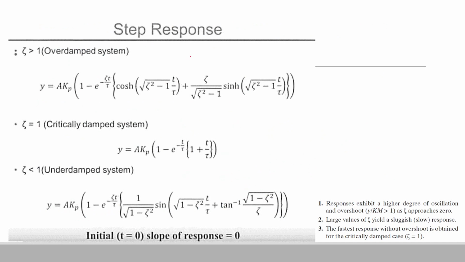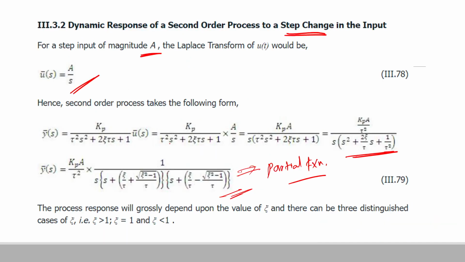Once we take the inverse Laplace, the result is based on the roots of this equation. These roots are governed by the parameters zeta and tau, that is, the damping coefficient and the time constant. The time constant won't affect the response that much.